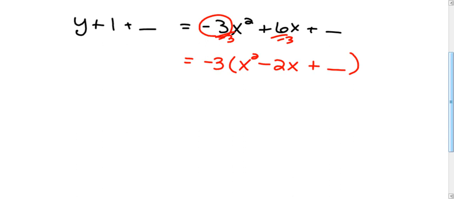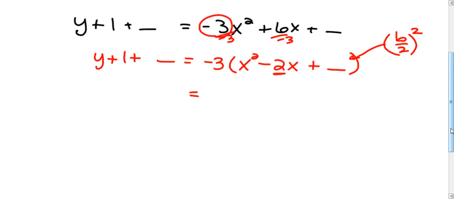Okay, and then I have not touched anything on the left side. All right, and now I want to figure out what goes in the blank. And remember, what goes in the blank would be half of your b value squared. So here's my b, it's -2.